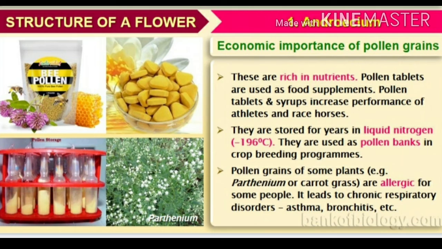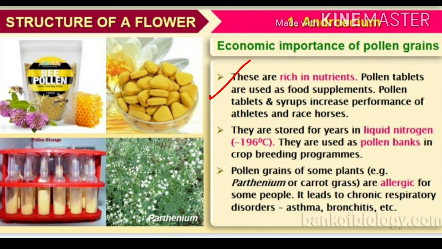Okay. And next, these pollen grains are actually very nutritious, so we are making many products related to pollen, which are known as pollen products. Pollen grains are rich in nutrients including unsaturated fats. In Western countries, people usually use it as a food supplement, and these pollen products are available in the market in the form of tablets or syrups in recent years.